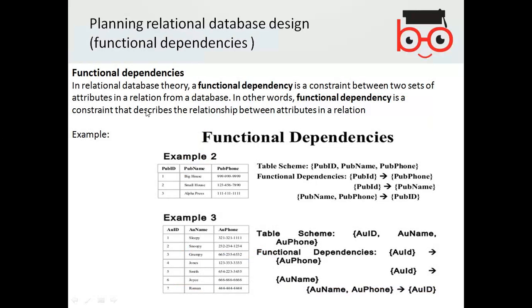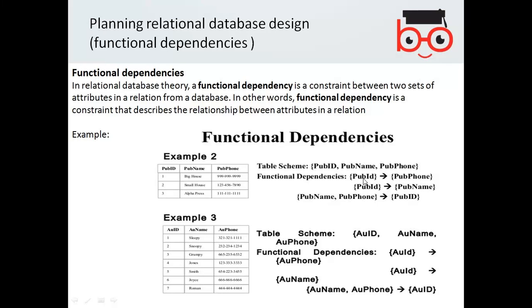Now, functional dependencies. In relational database theory, a functional dependency is a constraint between two sets of attributes in a relation from a database. In other words, a functional dependency is a constraint that describes the relationship between the attributes in a relation. For example, if it is a book, then publisher ID, publisher name, and publisher phone number have a functional dependency.